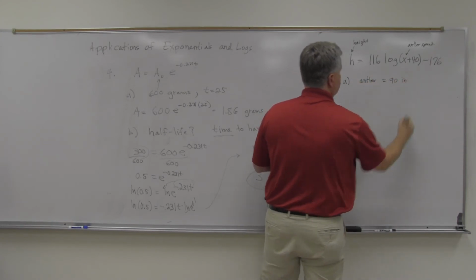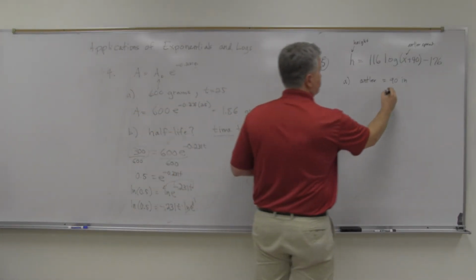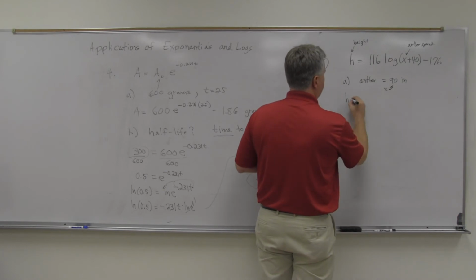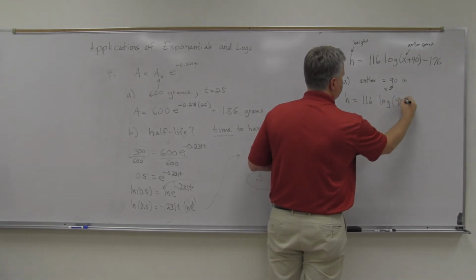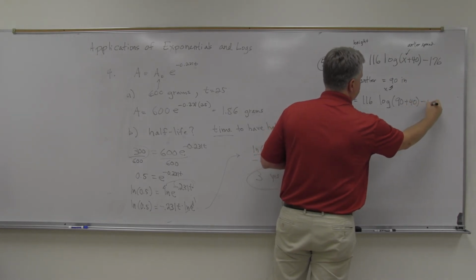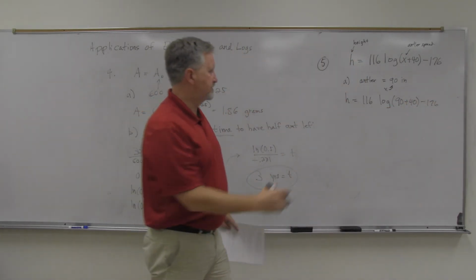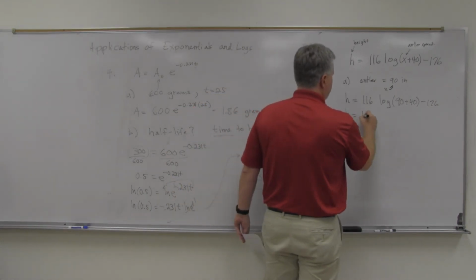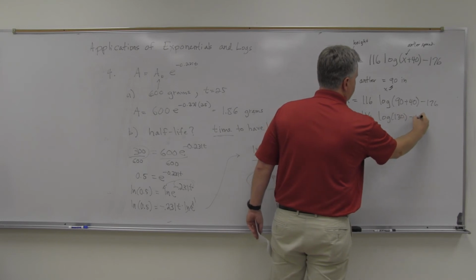Well, that gives me the x value. So the shoulder height would be 116 log of 90 plus 40 minus 176. That's just plugging in numbers. Just going to evaluate 116 log of 130 minus 176.